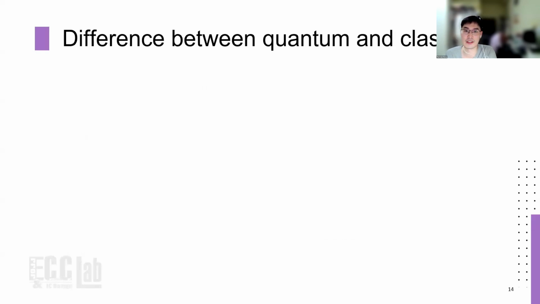So the difference between quantum and classical error correction code is that, first, unlike a classical repetition code, there is no-cloning theorem for quantum mechanics. So what can we do?